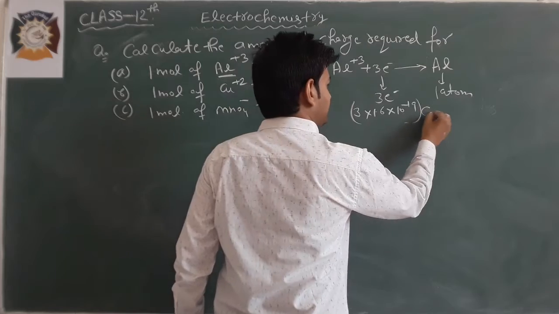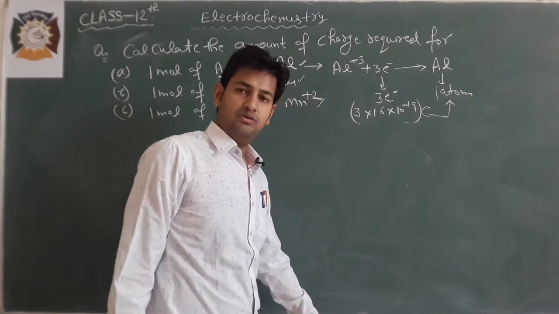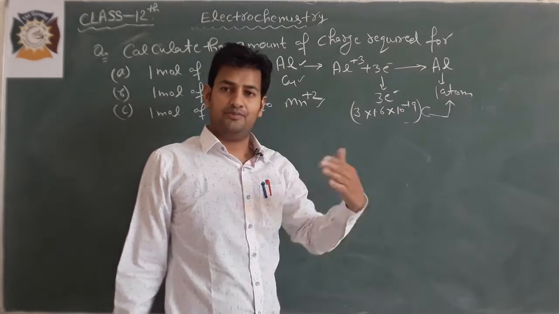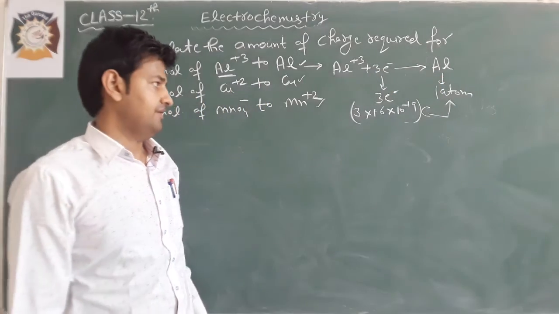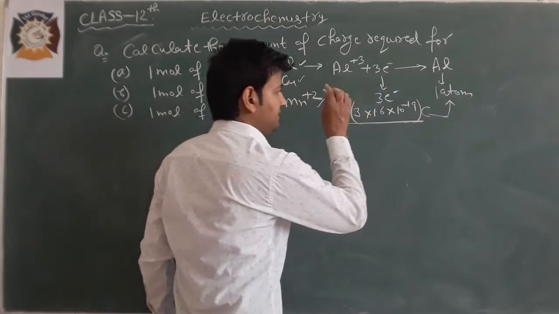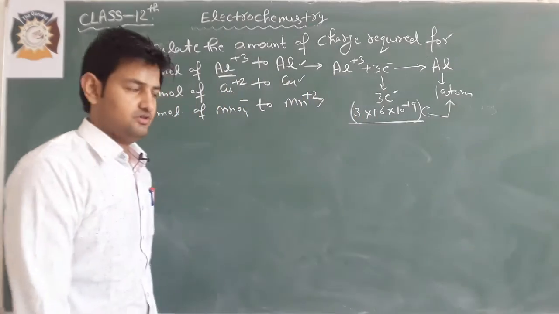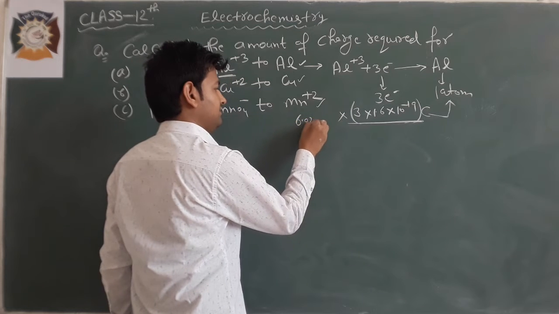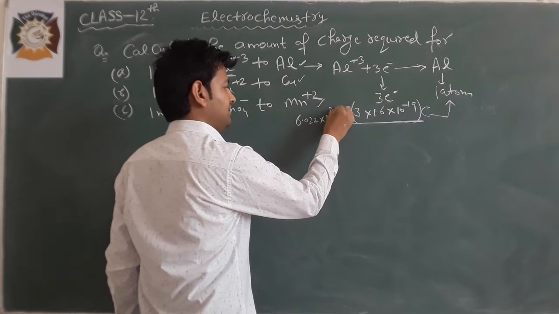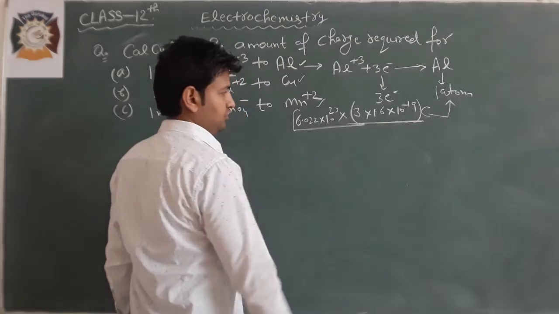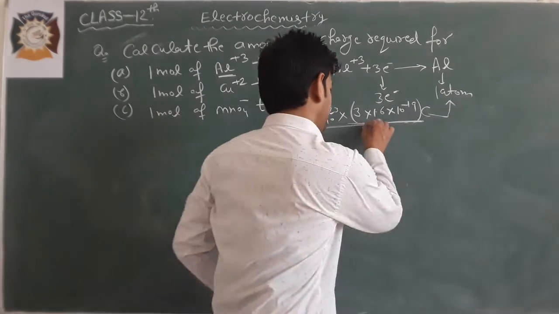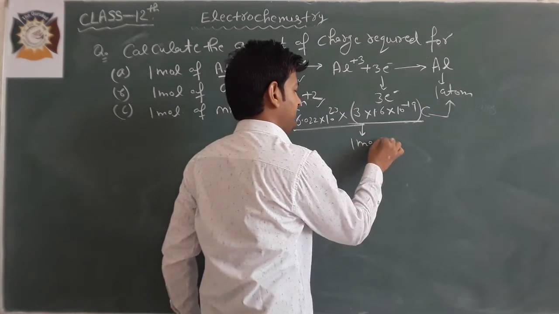That many coulombs of charge are required for 1 atom. If we want to calculate for the deposition of 1 mole of aluminium, we multiply it by Avogadro number 6.02 times 10 to the power 23. This is the amount of charge required for the deposition of 1 mole of aluminium.